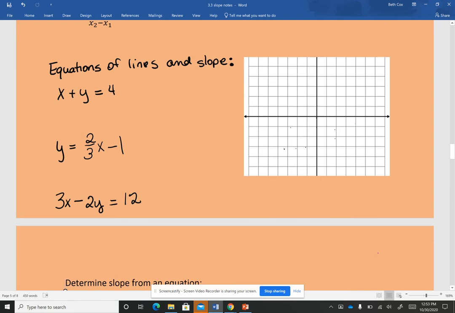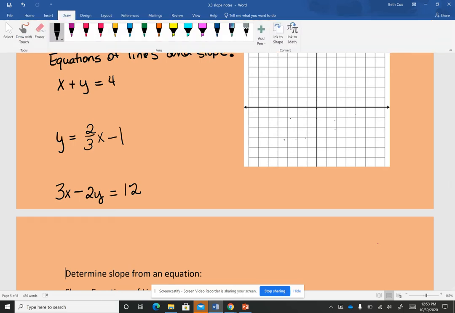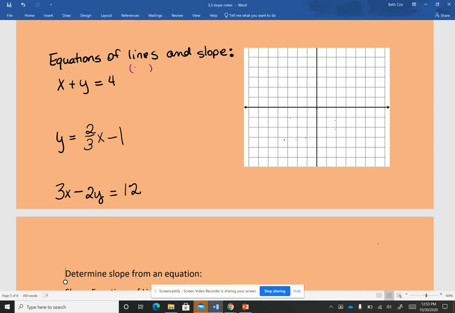If you'll remember, when we did equations of lines, we did lines like this. We have x plus y equals 4, and we came up with some points that worked. We did these in our head because it was pretty quick and easy to do. So we knew that 2 plus 2 is 4, and that 3 plus 1 was 4. And we know that 0 plus 4 is 4.